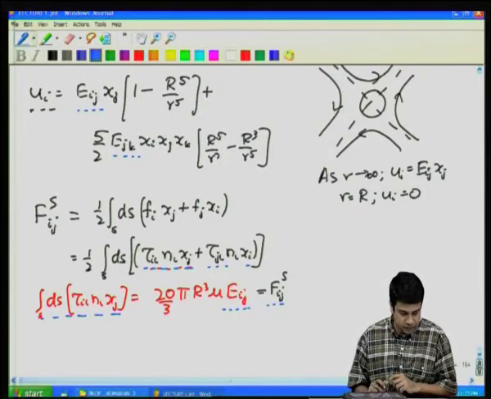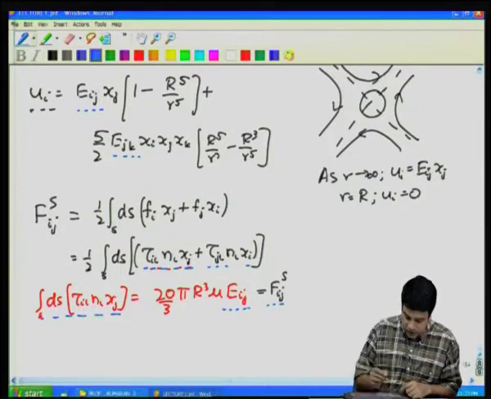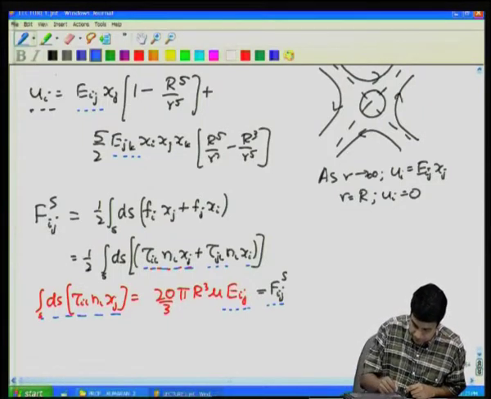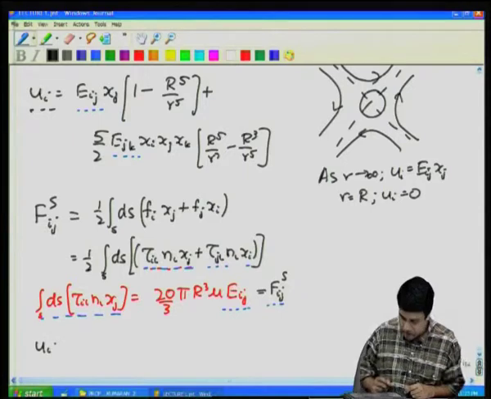If I do that, I will get a velocity of the form. It is just simple algebra.